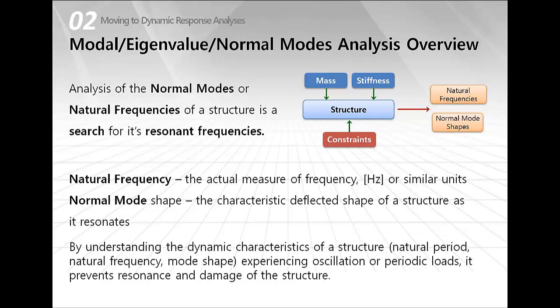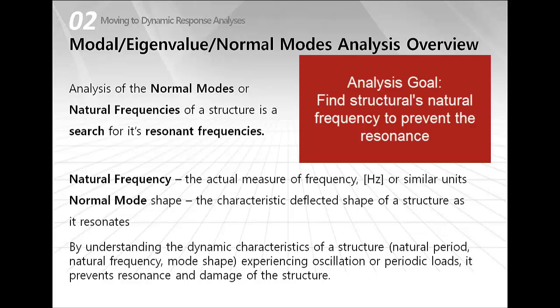Now let's define what exactly this natural frequency is. It is the actual measure of the frequency used to describe the structure when it starts to resonate. Normal mode shape is the characteristic deflected shape of the structure as it resonates. This type of analysis is used to find these frequencies in order to prevent resonance.